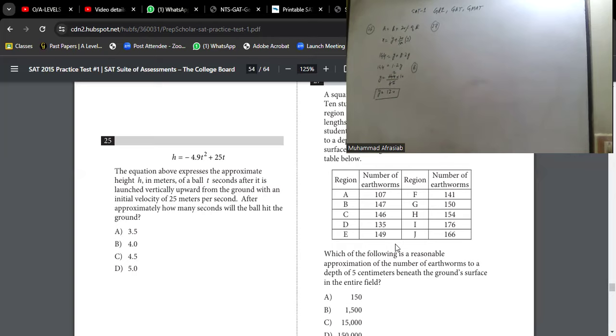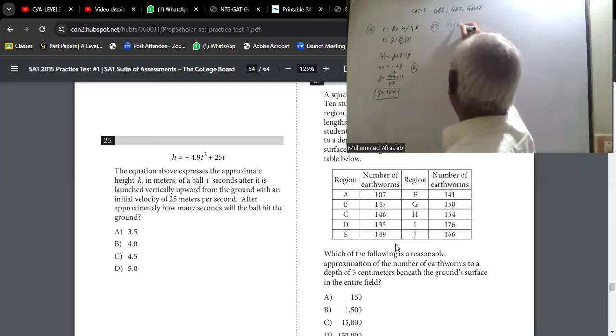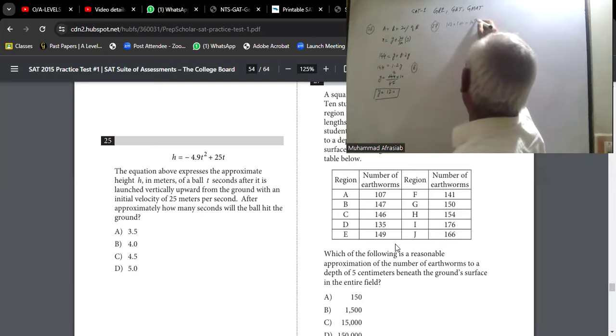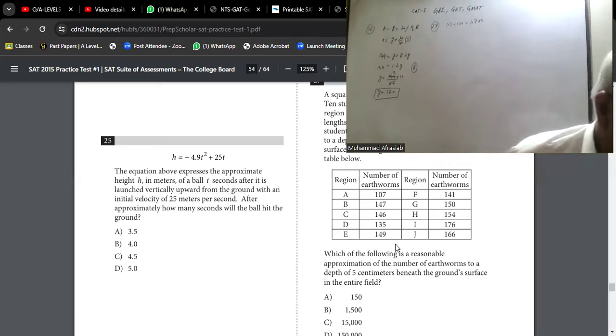So we have seen in this question that the lowest value is 107, because the measurement is in a field of 10 by 10. So if we multiply 10 by 10, it should be equal to 100. So A is going to have the lowest category, which is equivalent to 107 multiplied by 100, that is 10,700 earthworms for the lowest part.